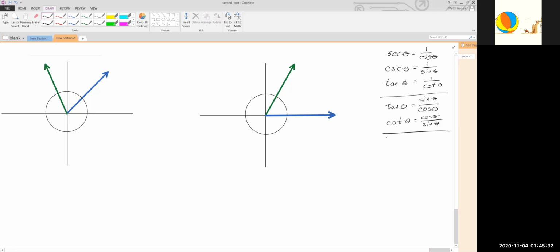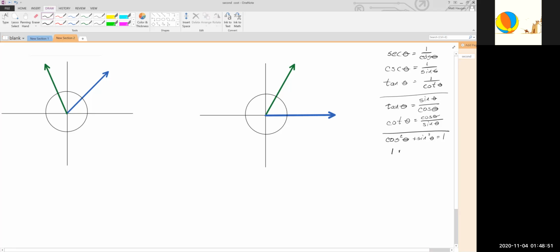We also spent quite a bit of time with our Pythagorean identities. The idea that cosine squared theta plus sine squared theta is equal to 1, as well as its versions.